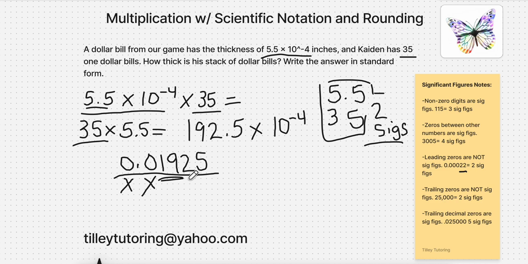So that number is 2, so we're going to keep that number the same. So our answer is 0.019 inches, which is our entire stack of 35 $1 bills. So that is our answer.